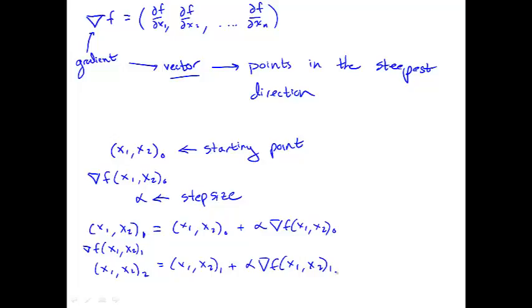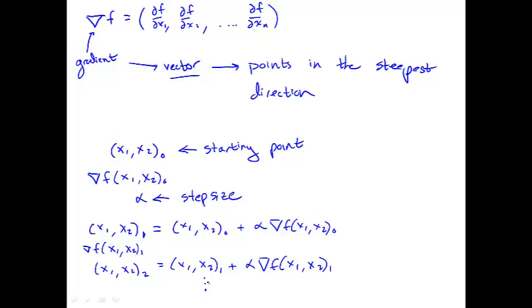So if you're doing this right, the gradient might change as you move to different locations. And so this is the algorithm. At each point, you take a step in the direction of the gradient, which is the steepest direction, and that step size is alpha. And so you can keep on doing this over and over and over again.